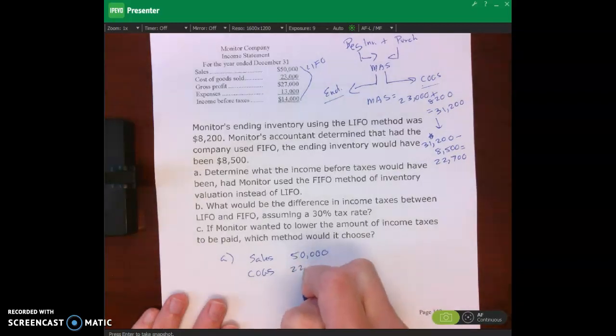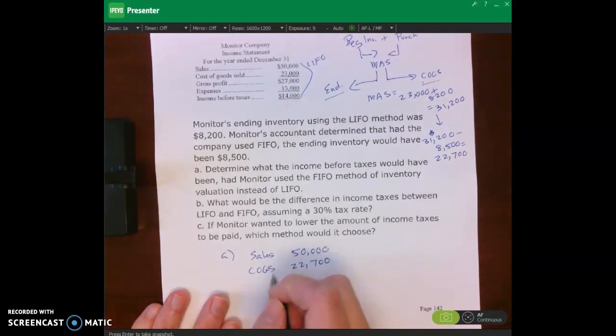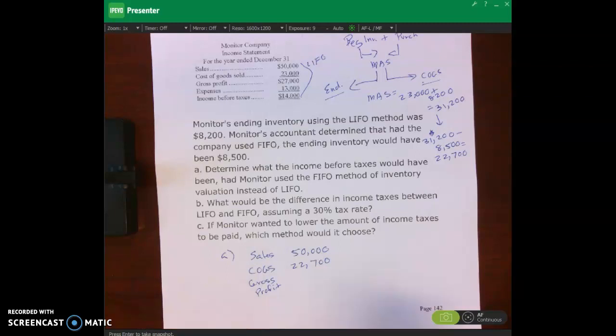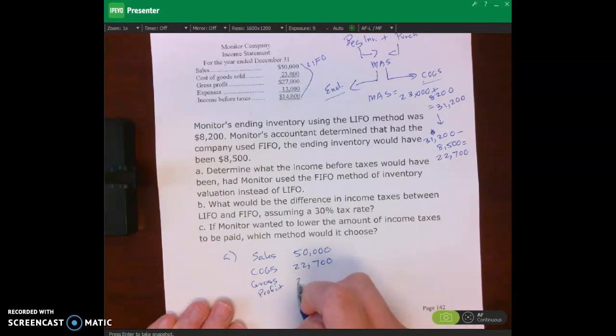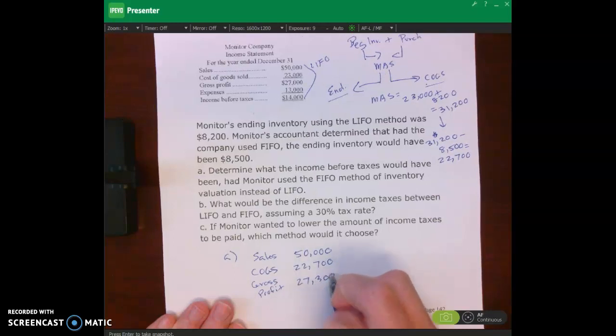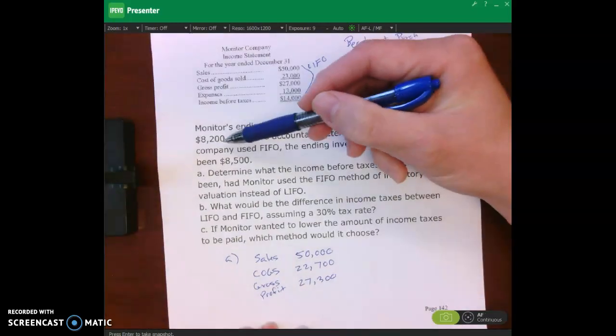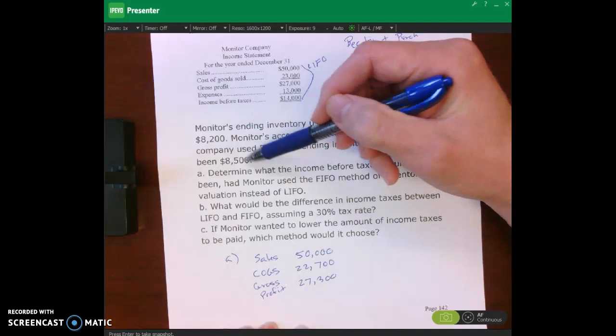That means our gross profit will be higher. It's 27,300. And look at the $300 difference, the difference in ending inventory right there.